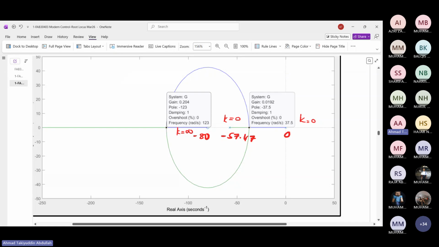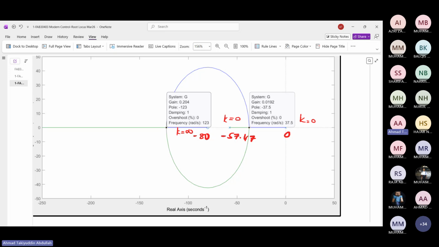How do we know this? Because we already considered the start points and end points before this. Got it, guys? Do you have a question on that? No, sir. Okay.